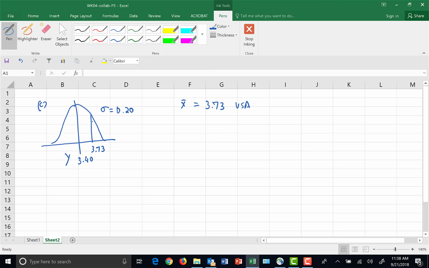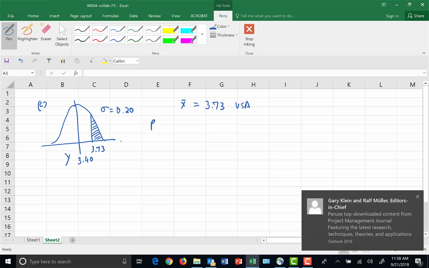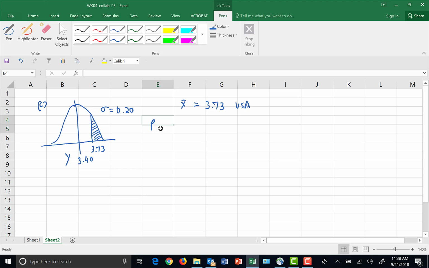The likelihood that a Russian gas station charges more than this is the area to the right of $3.73, which I've just shaded. So the probability that I want is the probability of Y, which is Russian gas prices, is more than $3.73.